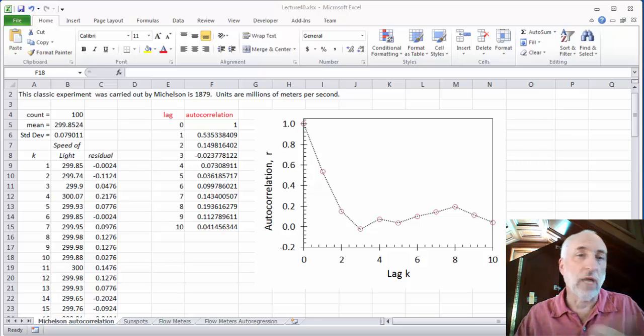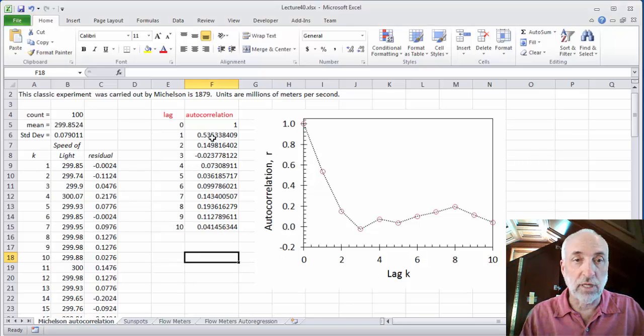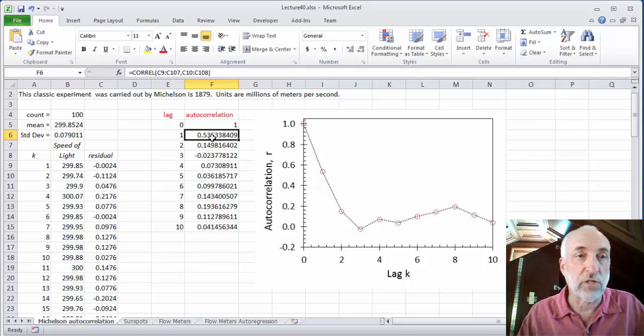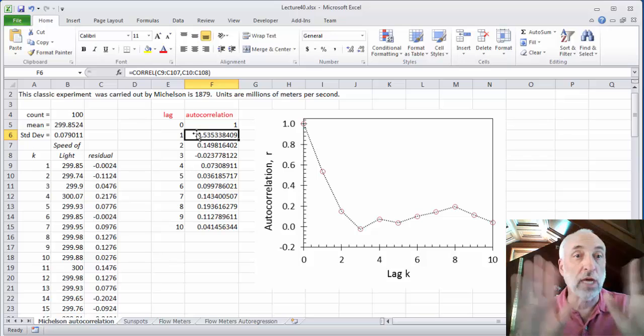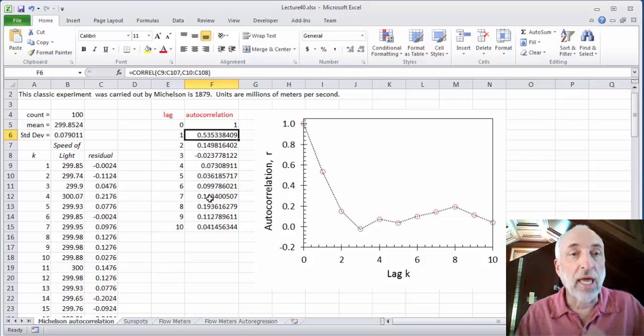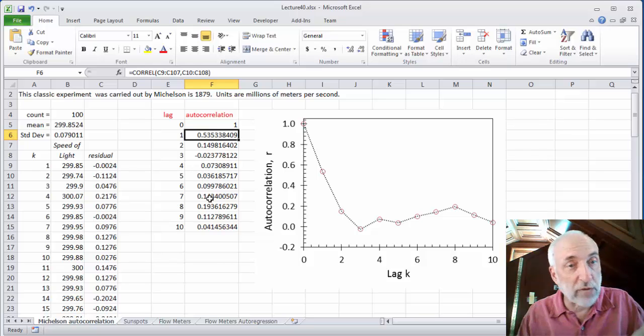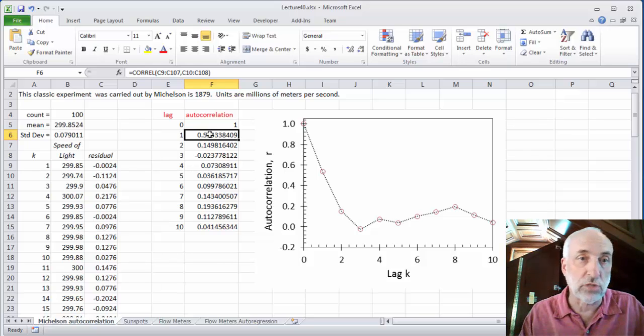Here in Excel, I do this manually using the correl function. Here is the correlation function in Excel. I give it an X and a Y, two data sets. To create an autocorrelation of a set of residuals compared to a lagged version of the residuals, I simply shift the data down by one.